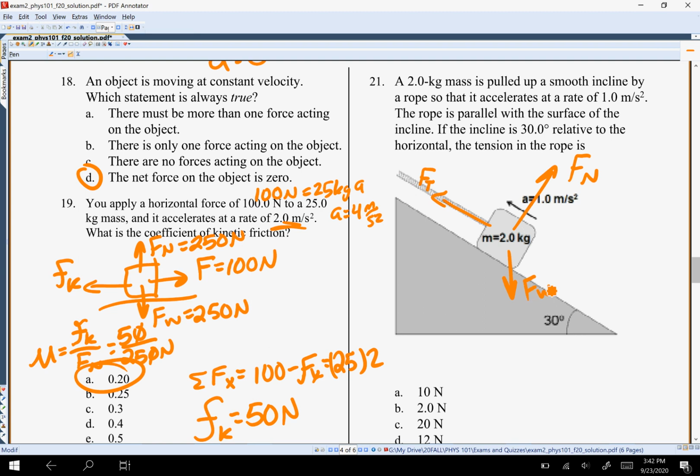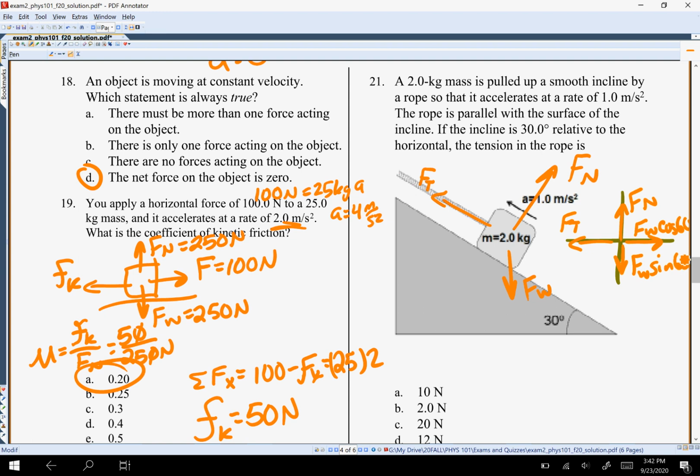And now I'm going to redraw that so that I have my coordinate system there, and then I have Fn, I have Ft, and then I have Fw cosine of 60 and Fw sine of 60.